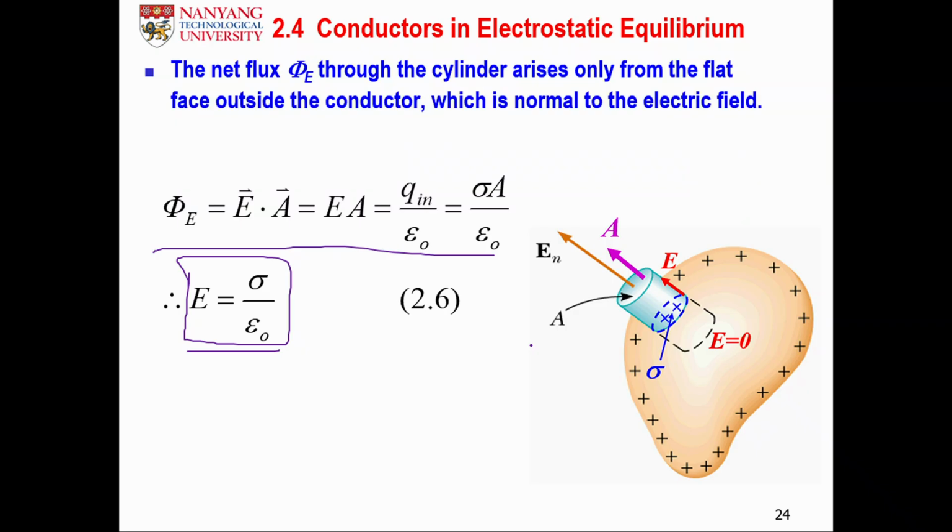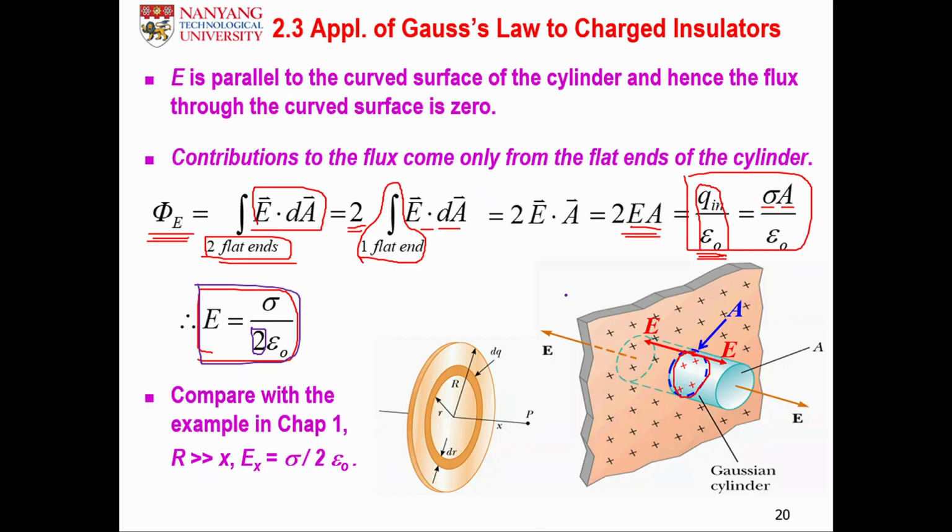It is a closed surface, yes. And so what happens inside this so-called closed surface or the conductor? Yeah, E is 0. So if we come back to this detailed step, here you have two flat surfaces to give you the finite flux, the top surface and the bottom surface.